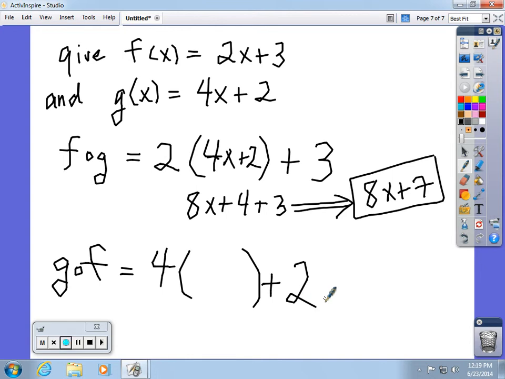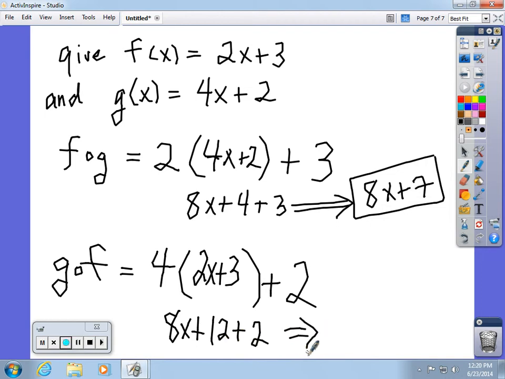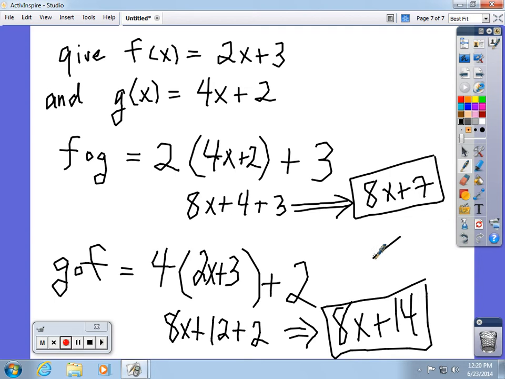And what am I going to plug in here? 2x plus 3. And do it. 8x plus 12 plus 2 is equal to what? And see, they are not equal. Sometimes they may come out to be equal, sometimes they won't. Most of the time they won't. And that's how you do 7.4 composition.